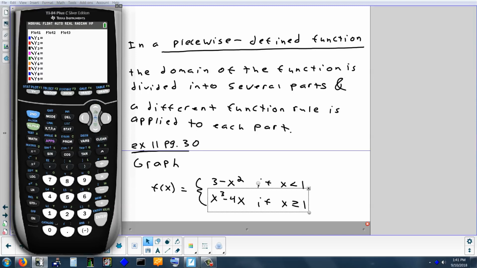To do it on the calculator, it's really very similar to how we've been typing things in all along. The only extra step is, well, you have to type in this condition, and you have to use parentheses around everything. So I'm going to start by typing 3 minus x squared, but you have to put it in parentheses, just like this. And then next to it, you're going to tell the calculator, only draw that when x is less than 1.